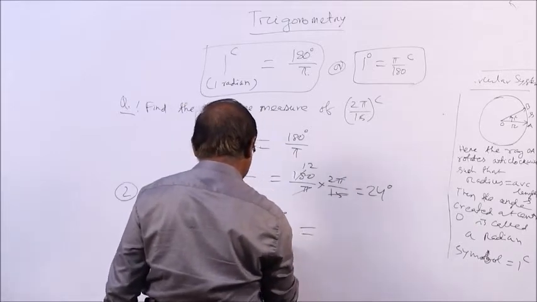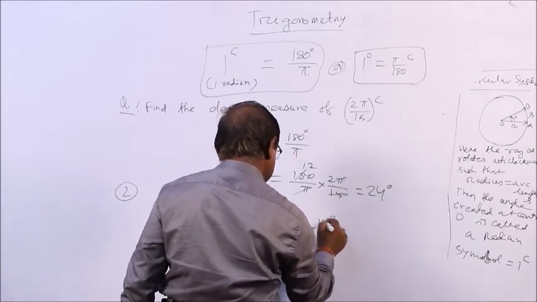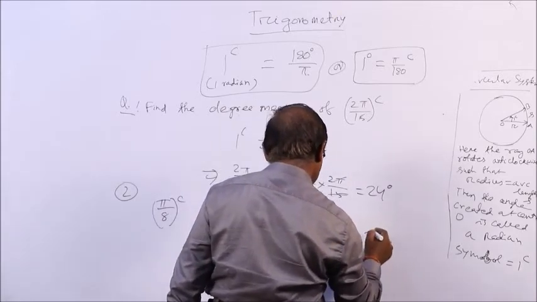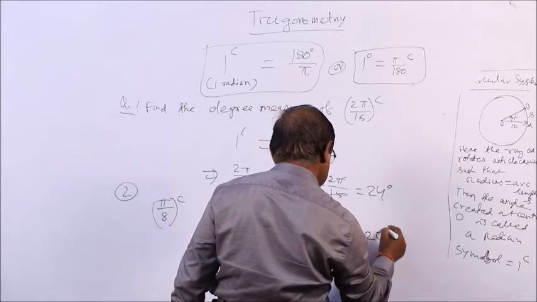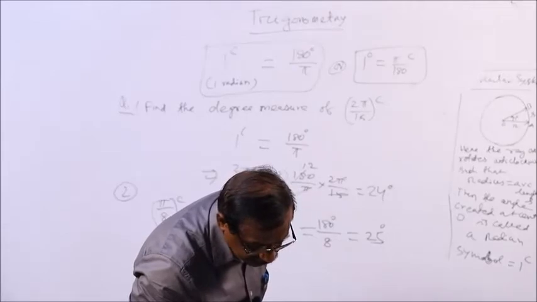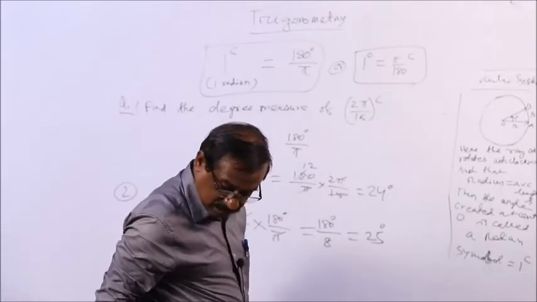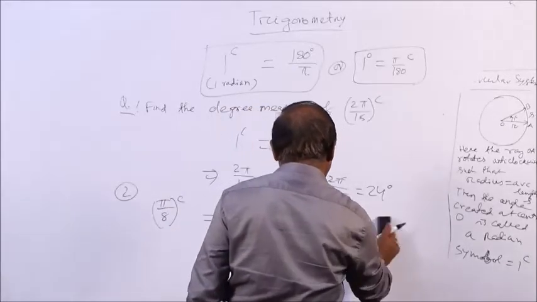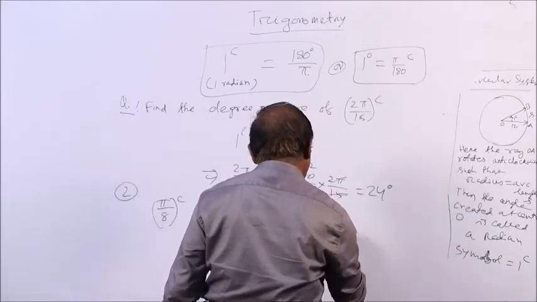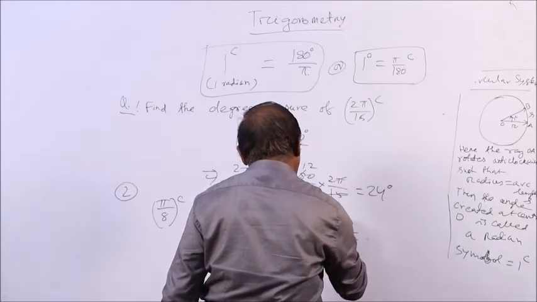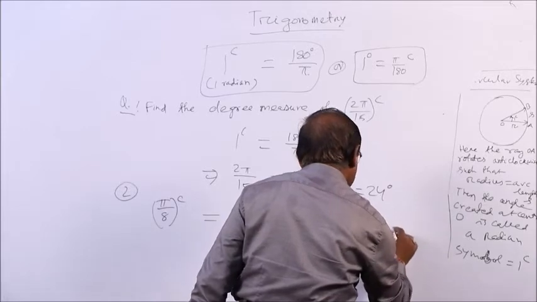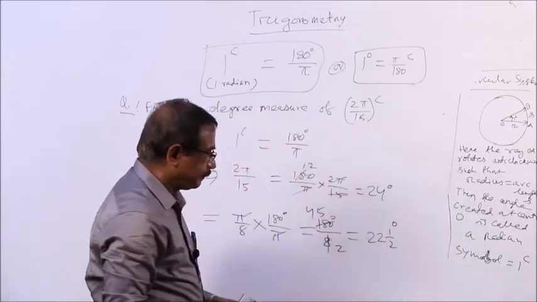This pi cancels, so 180 degrees by 8, which is 45 by 2. This will be 22 and a half degrees, right.